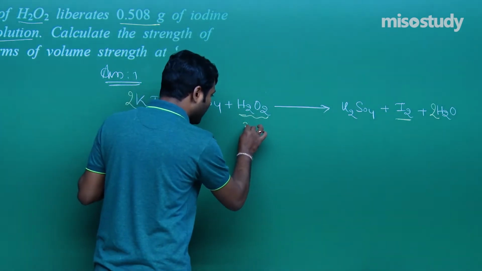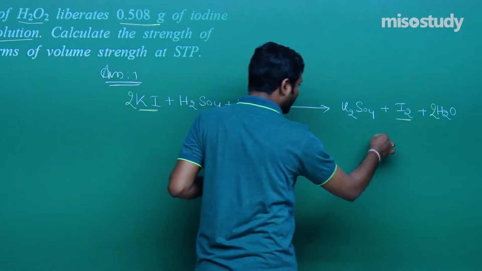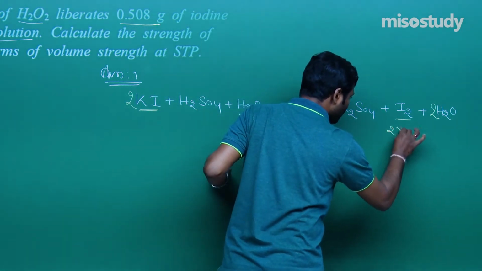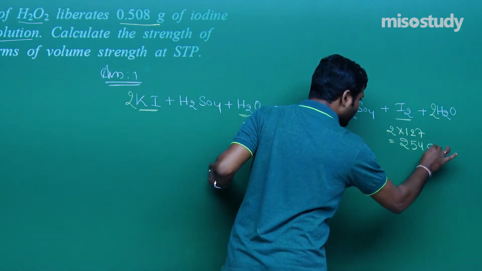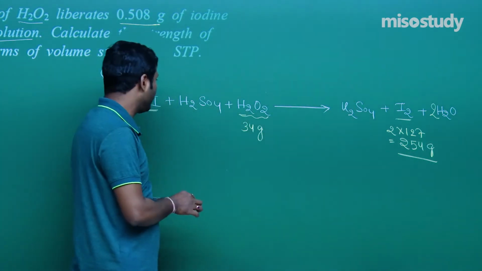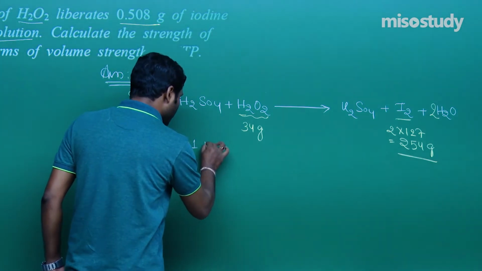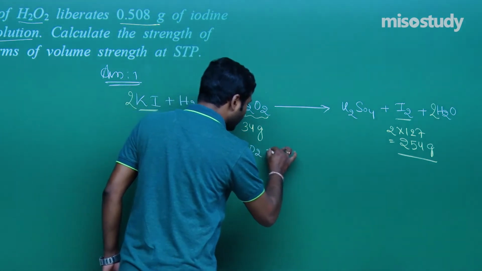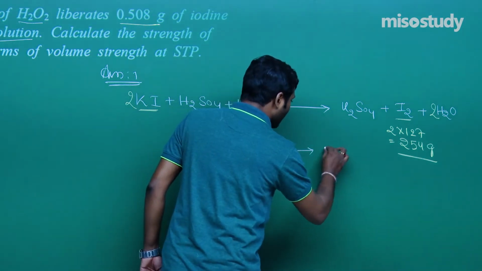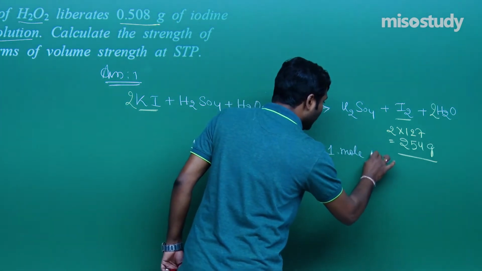H2O2, what is the molar mass? That is 34 gram H2O2, that is the general condition, gives you 2 into 127, that is the molar mass, 254 gram. At ordinary condition, when we balance the reaction, what happens here? 1 mole H2O2, listen to the question carefully, gives you 1 mole I2.